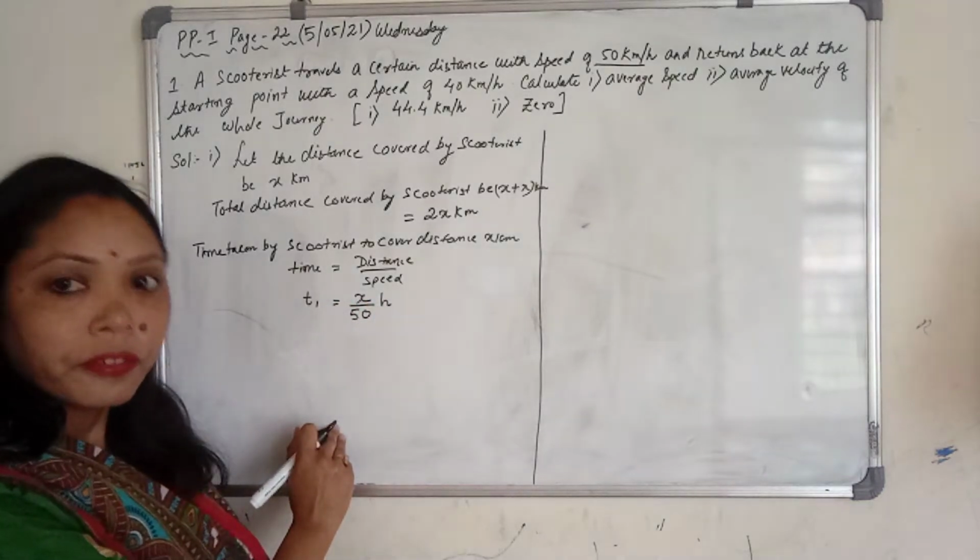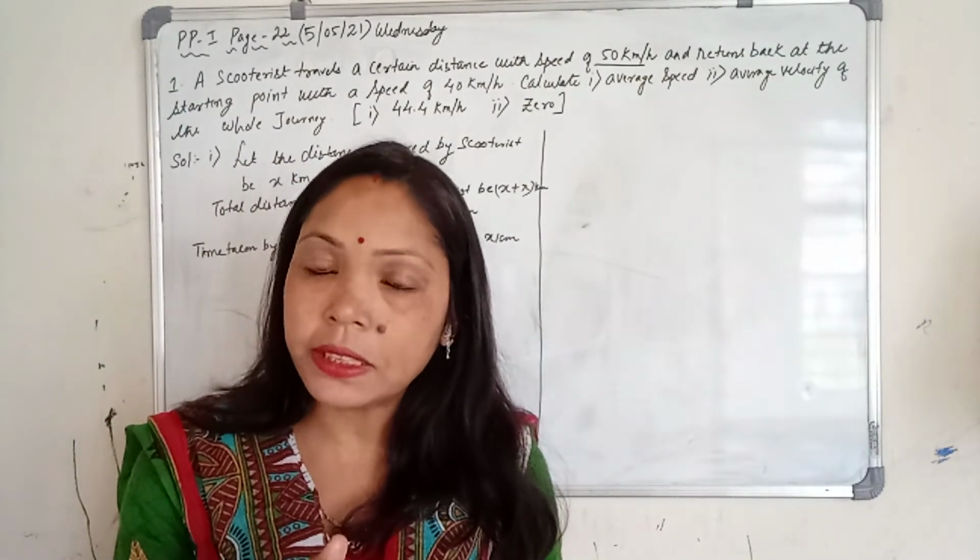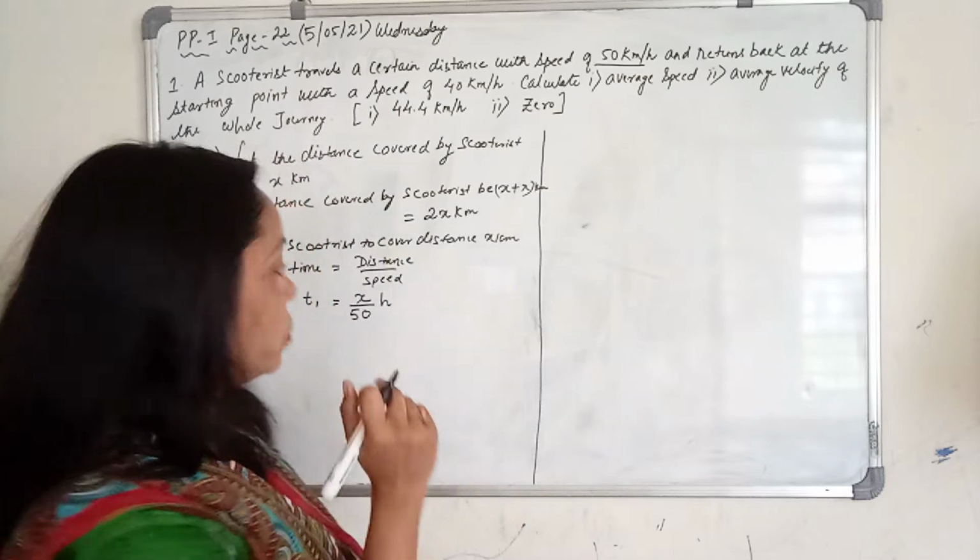So t1 is x by 50. Similarly, for coming back, we will find the time t2.